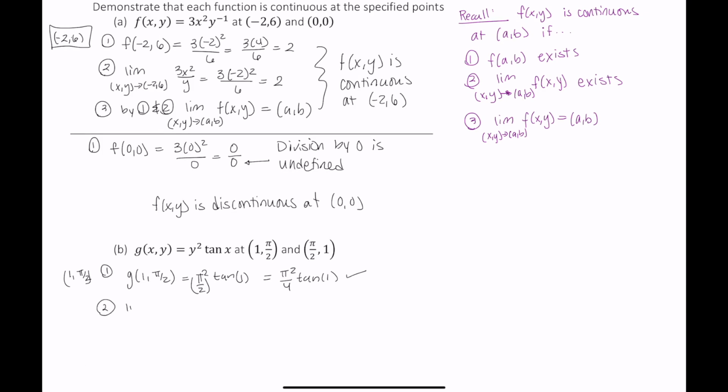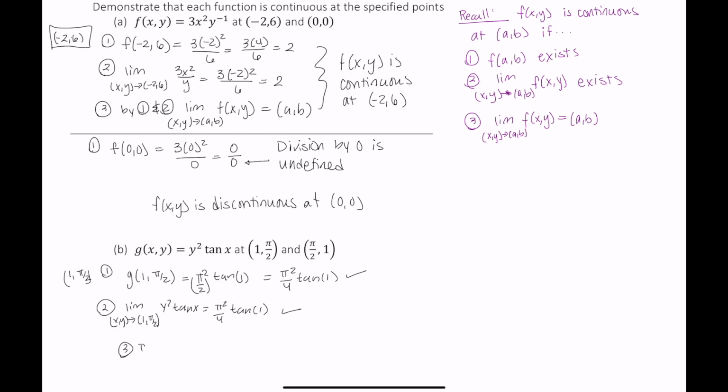Let's look at condition 2. That is the limit as x comma y approaches 1 comma pi over 2 of y squared tangent of x. Well, that again is going to be pi squared over 4 times tangent of 1.